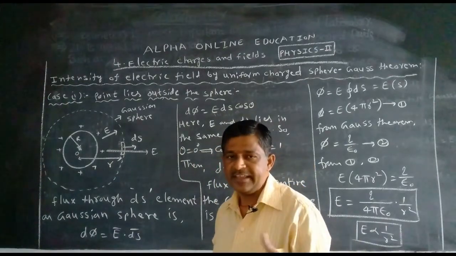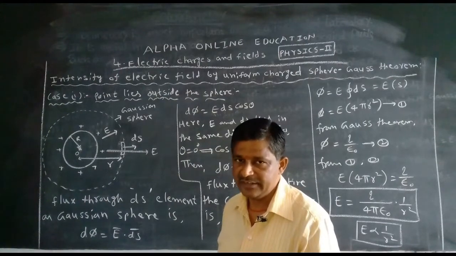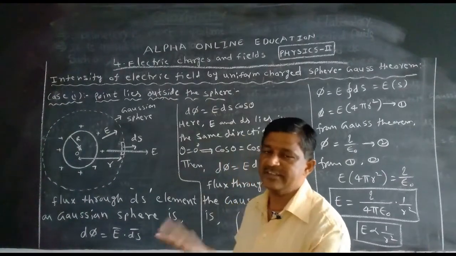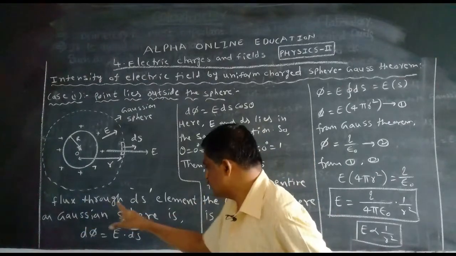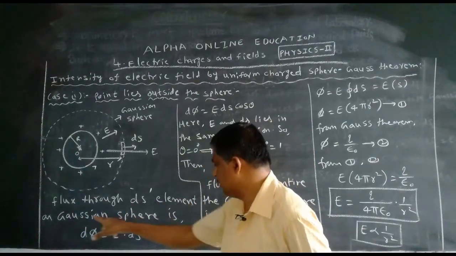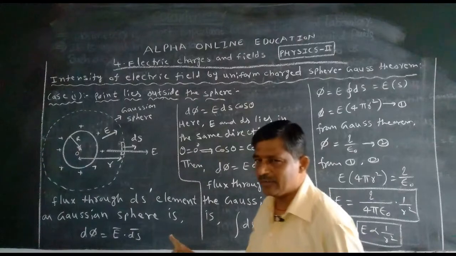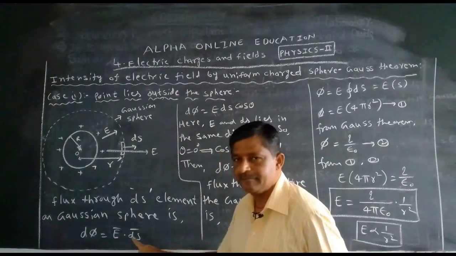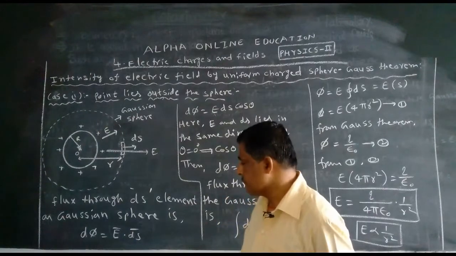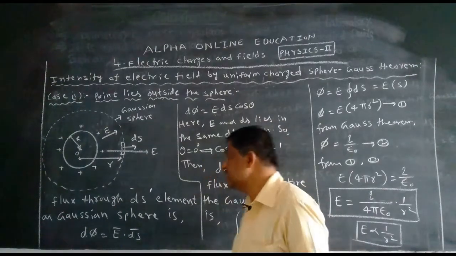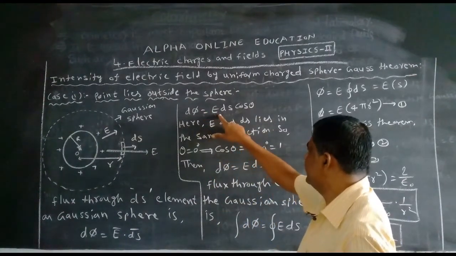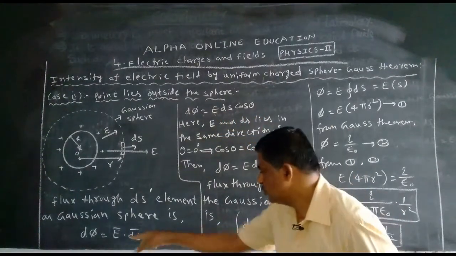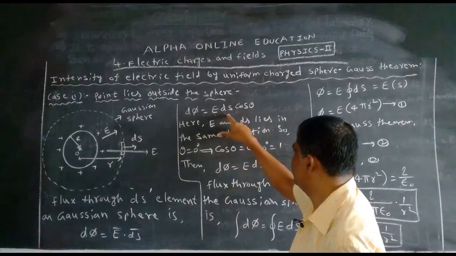Now, how can we calculate the intensity of electric field by uniform charged sphere when the point lies outside? Flux through ds element on the Gaussian sphere: what is the formula for the flux? d phi is equal to E bar dot ds bar. If we remove the dot product, d phi is equal to E ds cos theta.